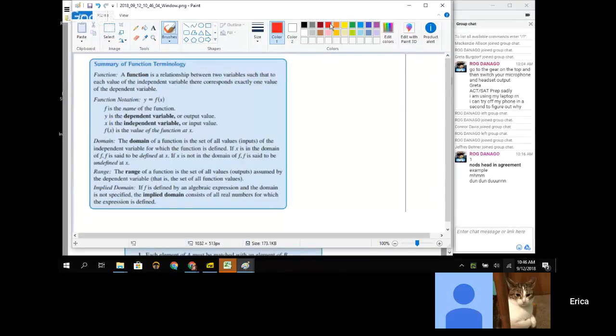The first thing is when you see a function, it's f of x instead of y. Remember, f of x acts just like y, but this notation tells you, yep, we've got a function, right?